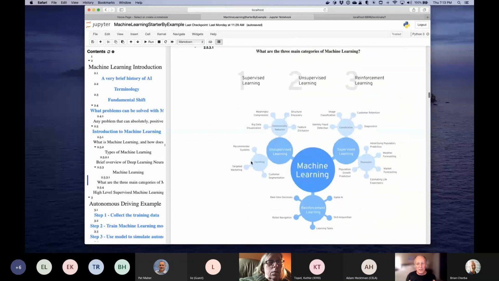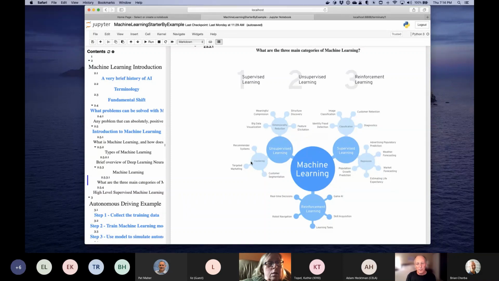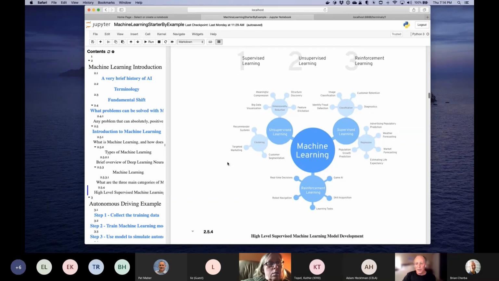Now, if I break down the machine learning part of this, not the deep learning part, I'm going to break it up into three primary areas: supervised learning, unsupervised learning, and then reinforcement learning. And the picture that I'm showing here, the upper right, is looking at different ways we could do supervised learning.